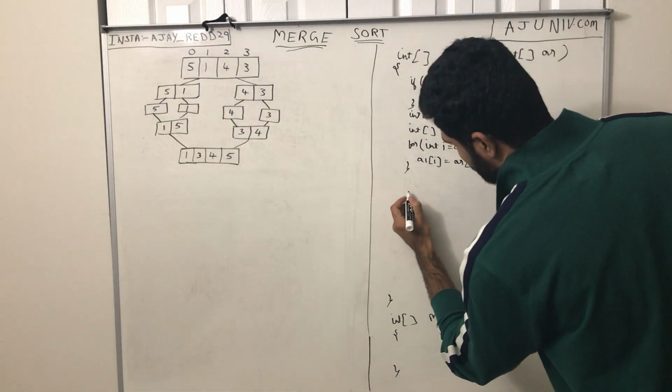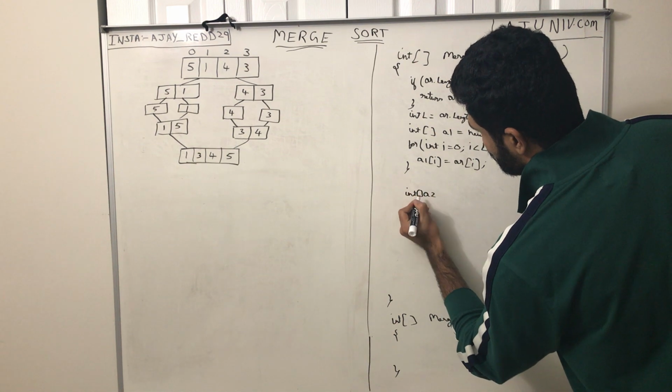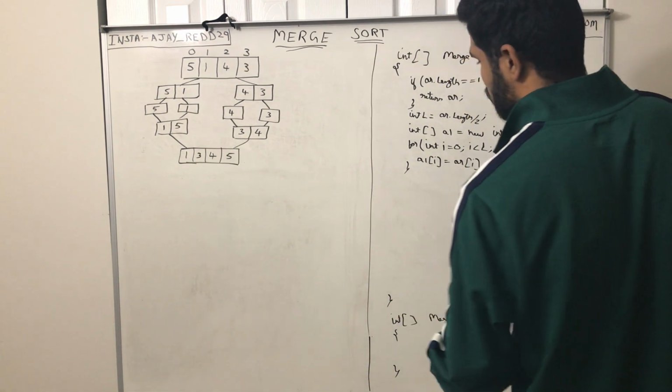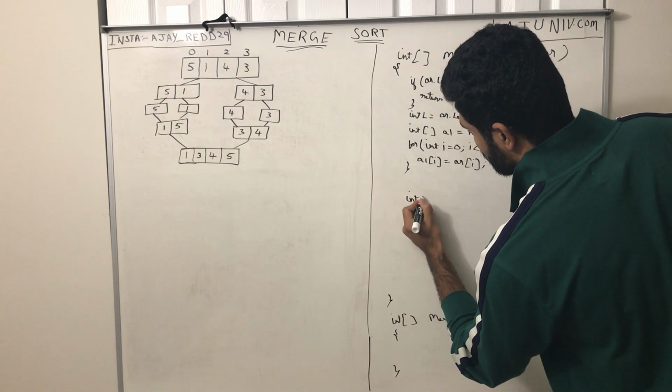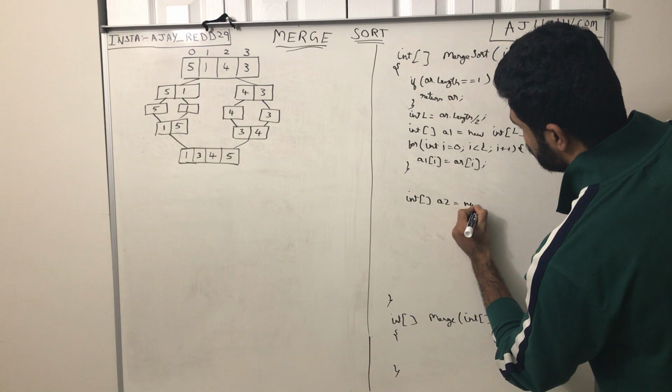Next, I will declare another array, int A2 is equal to new.